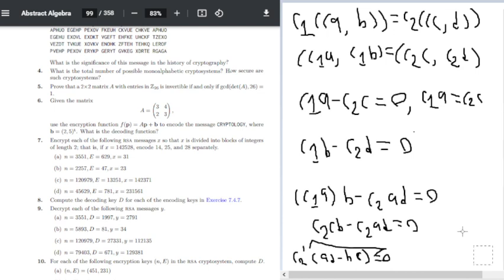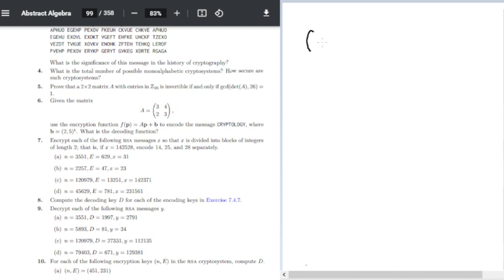So we have that if we give our matrix A the matrix representation a, b, c, d, then if it's invertible, we have ad minus bc is not equal to 0.